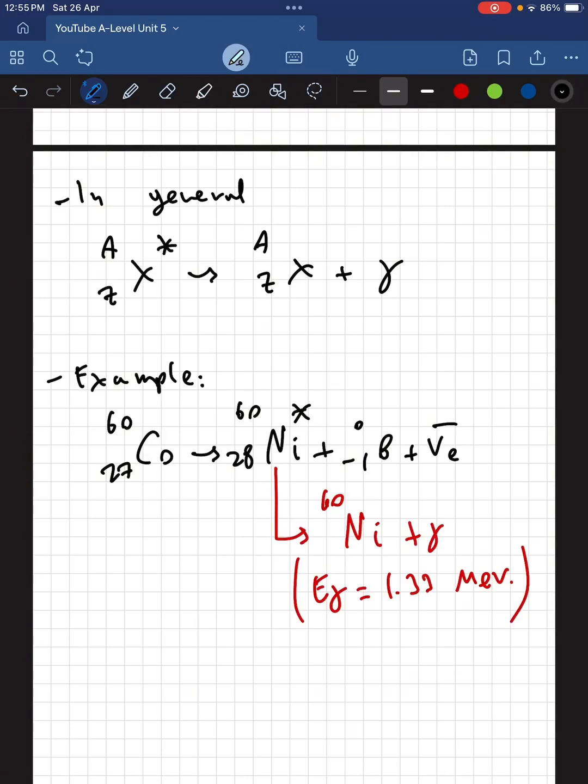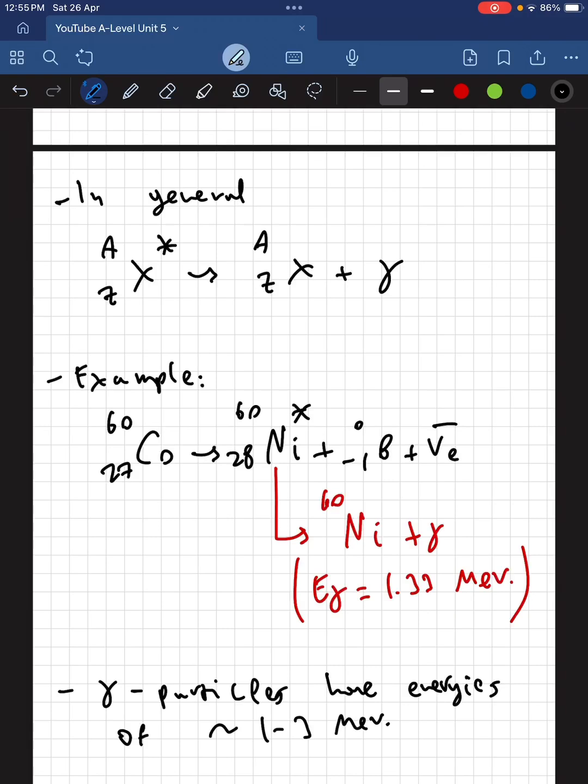So I'm going to write this down. So gamma particles have energies of about 1 to 3 MeV. Now let's see what the wavelength of this gamma ray is.